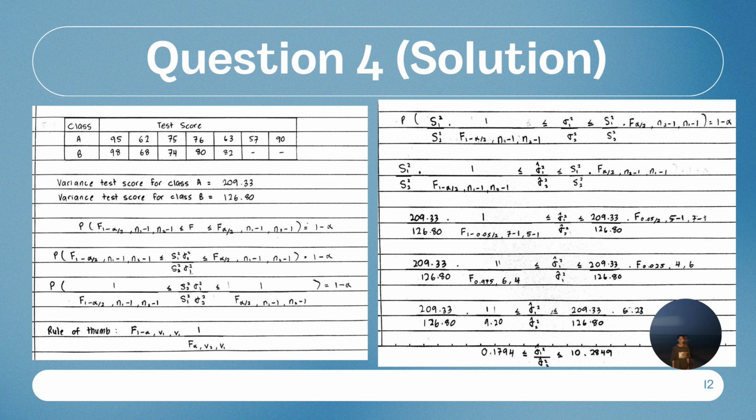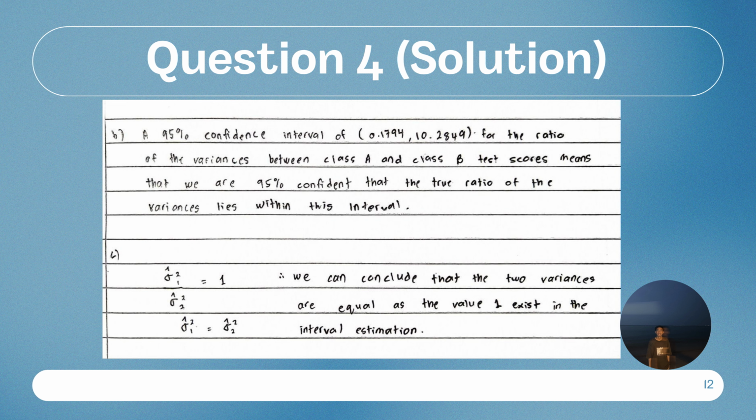The final answer will be the population variance hat 1 over variance hat 2 is between 0.1794 and 10.2849.